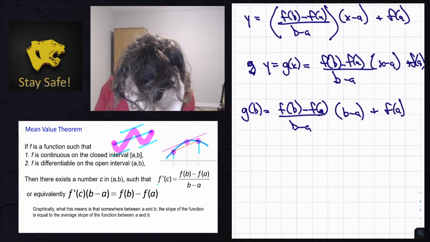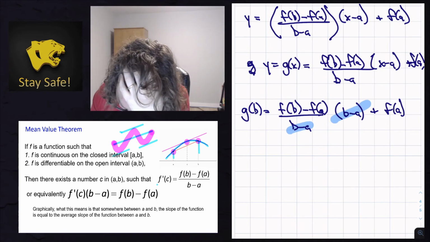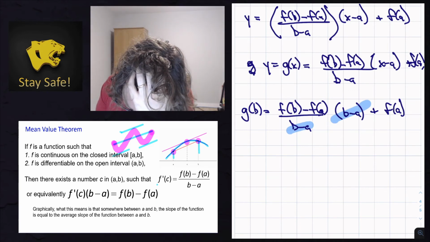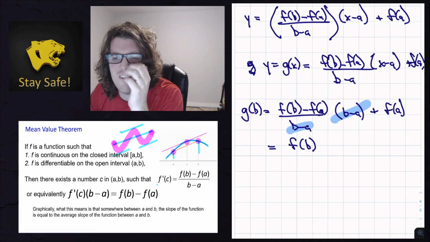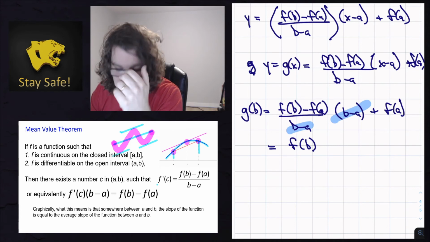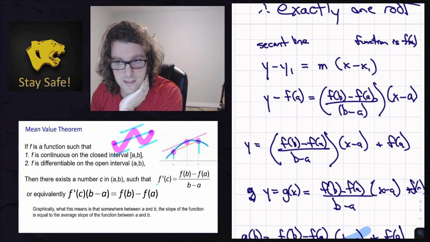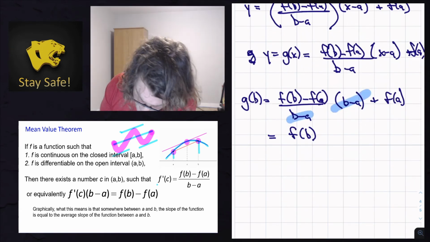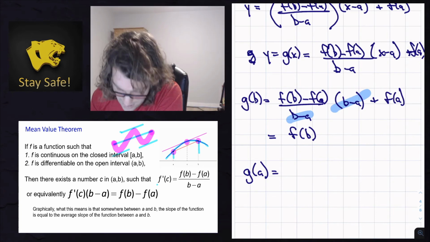Okay, so the b minus a that's here is going to cancel out with the b minus a that's there. And what I'm left with is f of b minus f of a plus f of a, which is the same thing as f of b. So g of b is equal to f of b. But I'm also going to evaluate this at g of a.